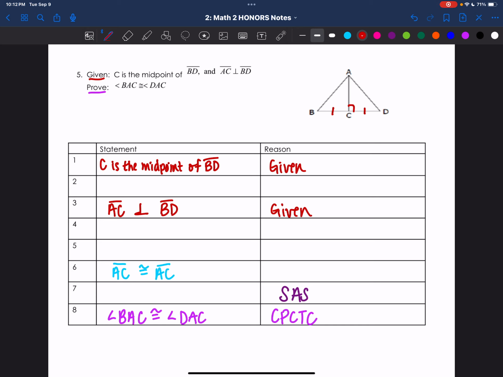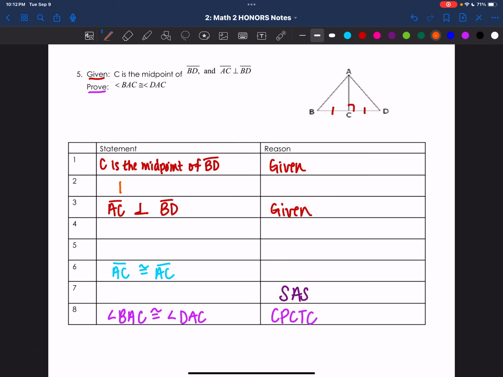All right, so let's go ahead. I filled out part of it. We're going to fill out the rest. So if we know C is the midpoint, that is a given. That's right here. Okay, so we need to put the reason, and we need to figure out the reason why. So for this, we're going to say BC is congruent to DC or CD.